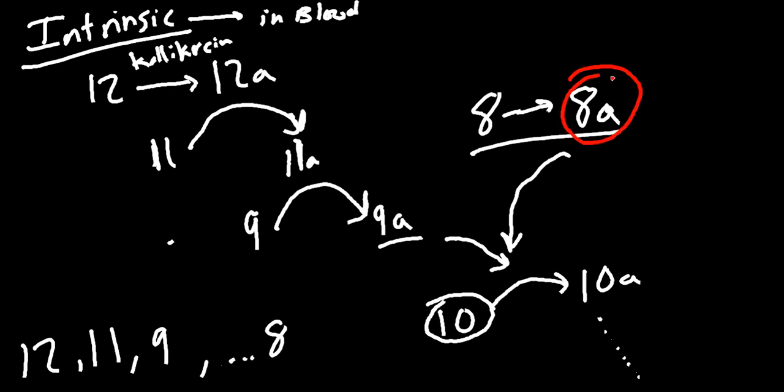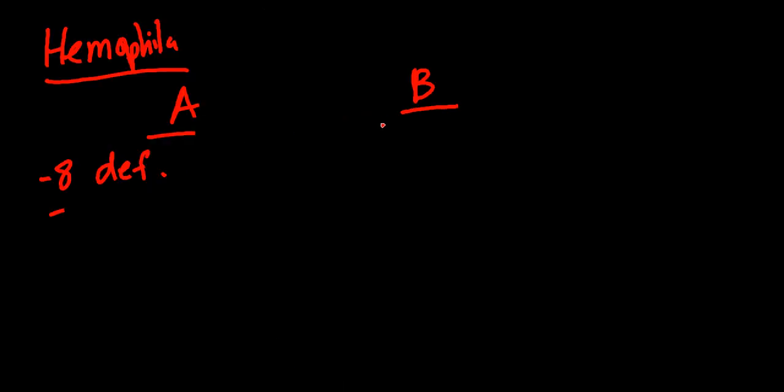So if we're missing this, we can't get active 8A, therefore we can't activate 10 as well. If we're missing factor 9A, same thing. So hemophilia B is going to be a factor 9 deficiency. So hemophilia A, factor 8 deficiency.